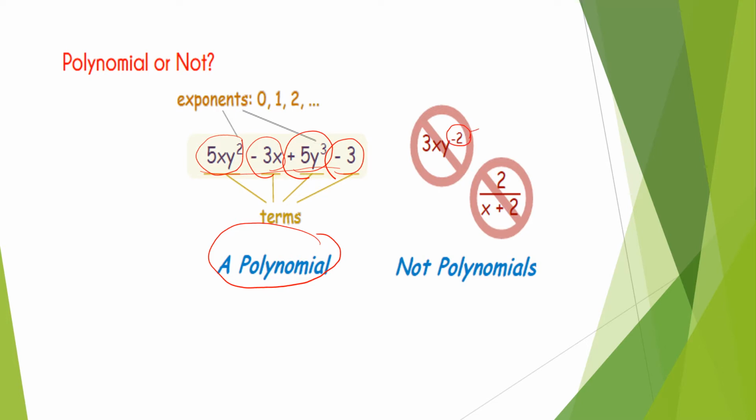I cannot have a negative in the power of the variable. The power of the variable cannot be negative. That's why it's not a polynomial. And here my problem is that I have a variable in the denominator. We said we cannot have a variable in the denominator. So these are not polynomials.